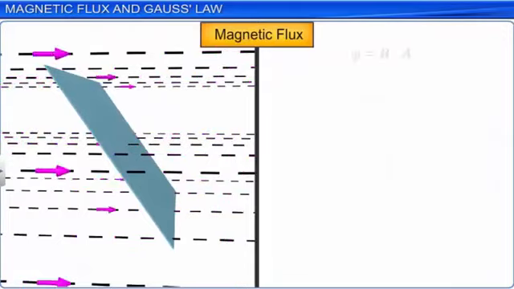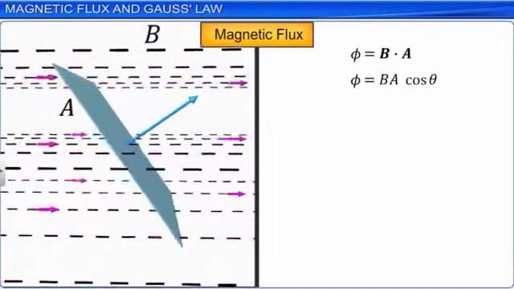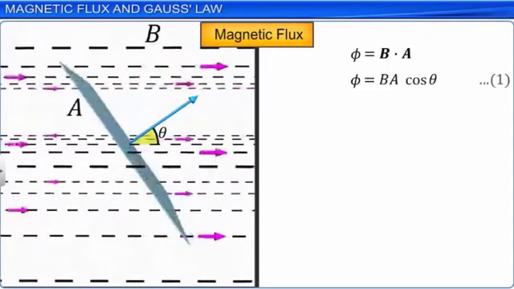The magnetic flux, phi, is equal to B dot A, which is equal to BA cos theta, where B is the strength of the magnetic field, A is the area of the given surface through which the field lines pass, and theta is the angle between the direction of the magnetic field and the area vector. Let this be equation 1.